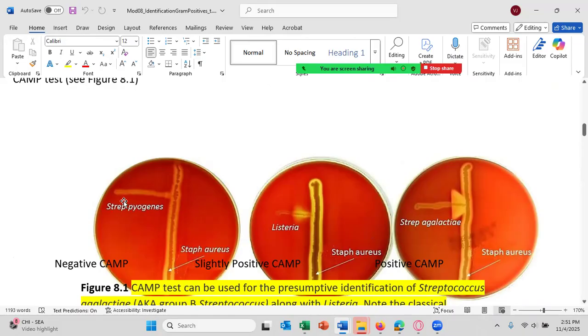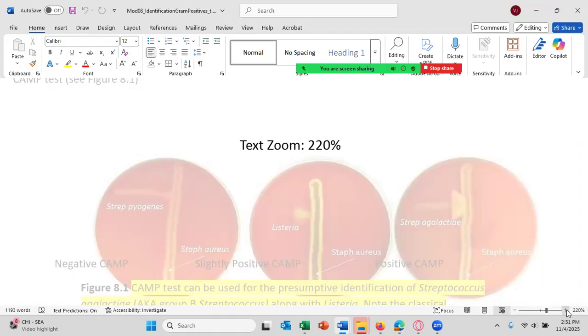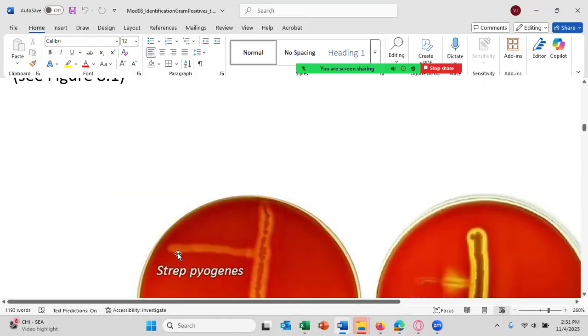Your test organism, you then streak perpendicular to Staphylococcus aureus, and you look for enhanced hemolysis in the growth around the Staphylococcus aureus. Let me blow that up even further, because Streptococcus pyogenes is really tiny in its growth. You can see the streak of cells, which is kind of orangish, going this way.